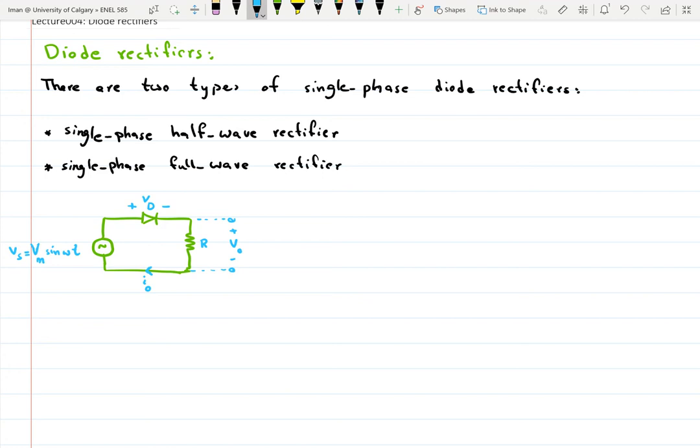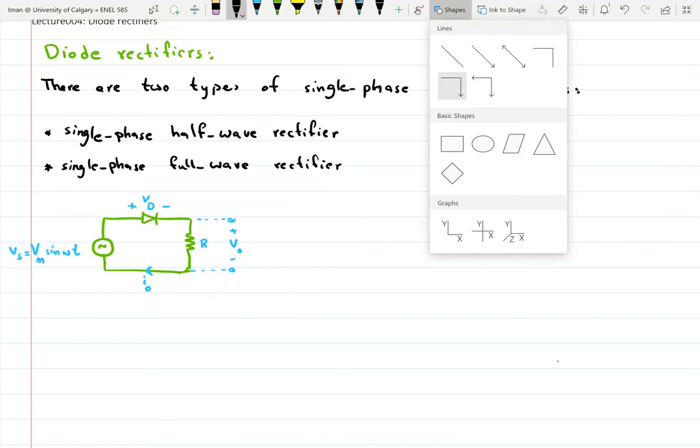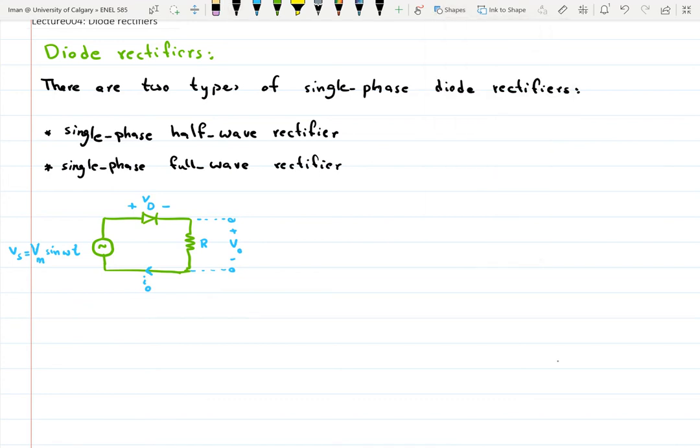So this is called a half wave rectifier. Why do we call it half wave? Because if we draw its voltage waveforms, let's draw the Vs first.